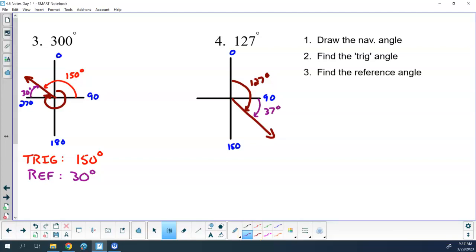That would give me a trig angle here of 323 degrees. Agree? Good times. Let's put this to work now with Florida.